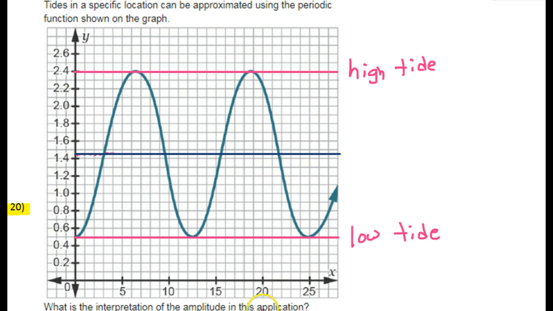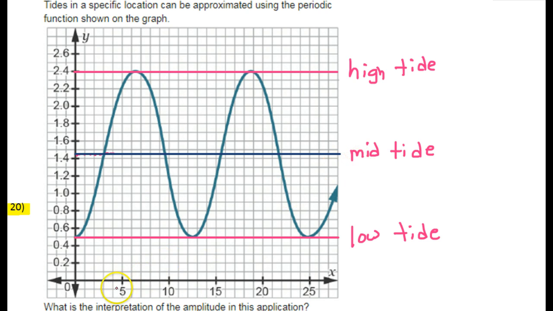Okay, and I'll probably get a hint when I look down at my answer choices, but I don't want to cheat just yet. So I'm just going to make up a word, and I'm going to call this mid-tide. I just made that up. Okay, so you'll get the idea.